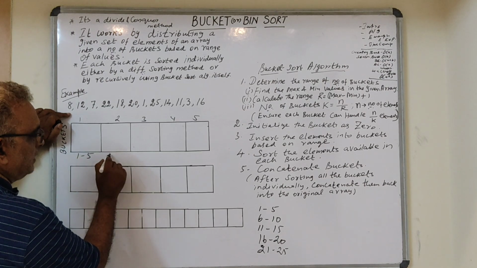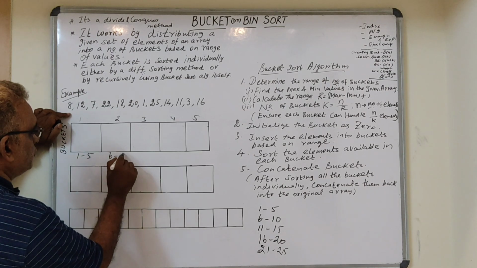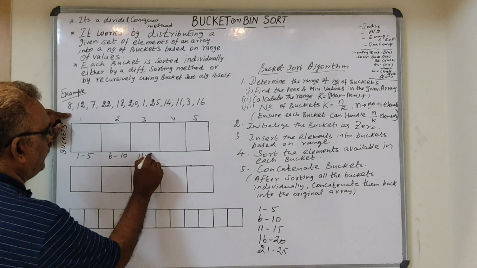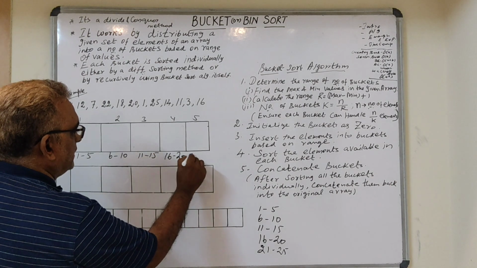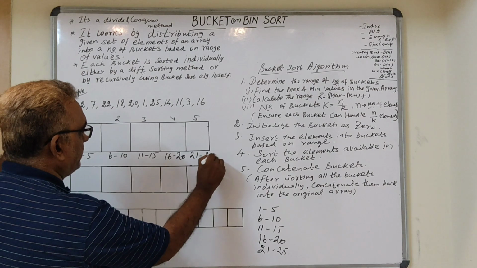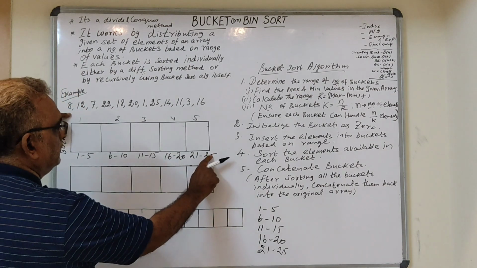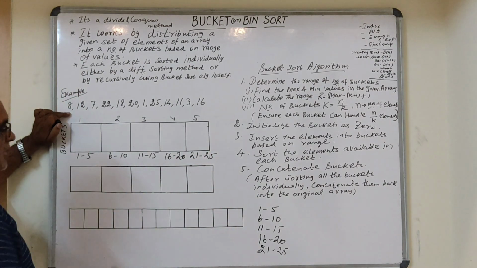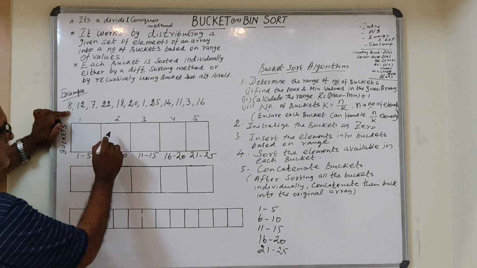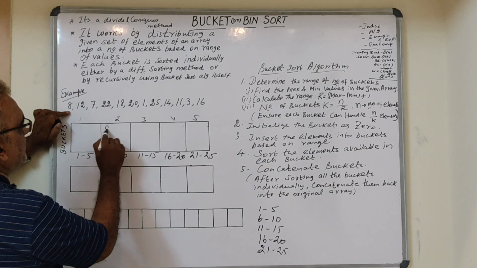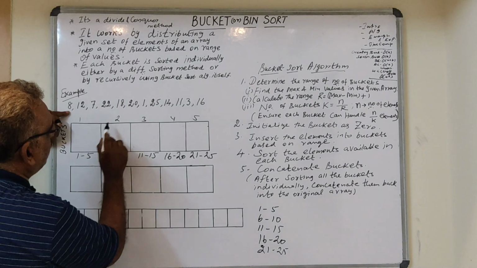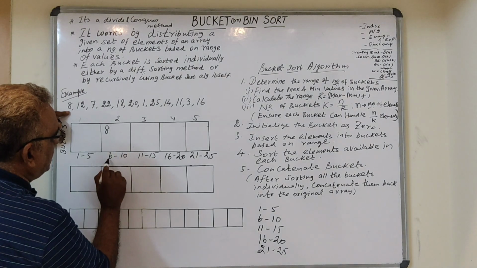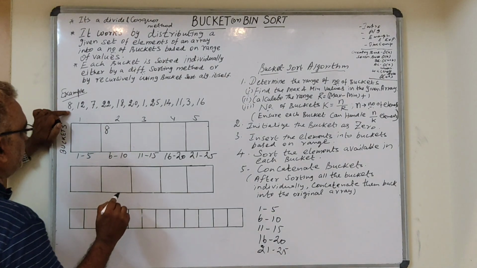It is 1 to 5, this is 6 to 10, this is 11 to 15, this is 16 to 20, and this is 21 to 25. The first value is 8. So 8 can be stored in the second bucket, since the value 8 lies in the range 6 to 10.